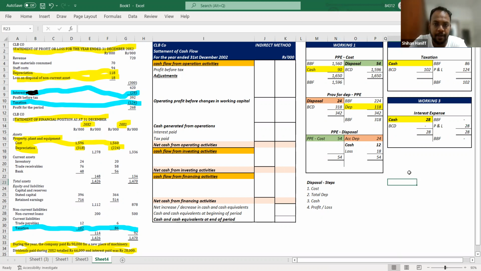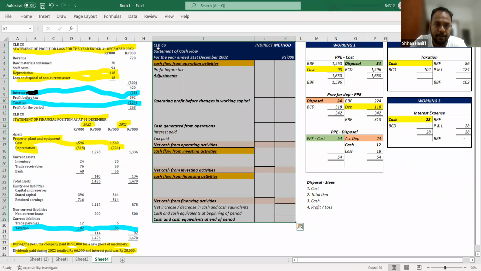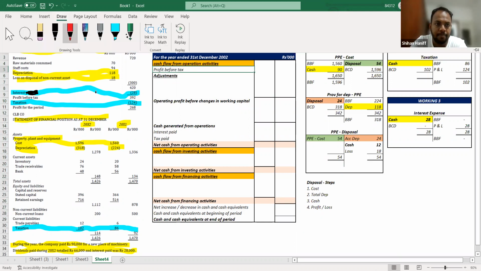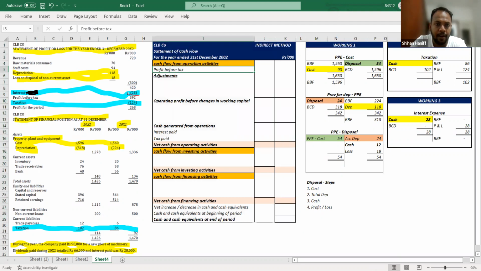Okay, that's all. Now we'll come back to the cash flow statement. Then it is very simple. I'm doing the indirect method. Profit before tax is 392.